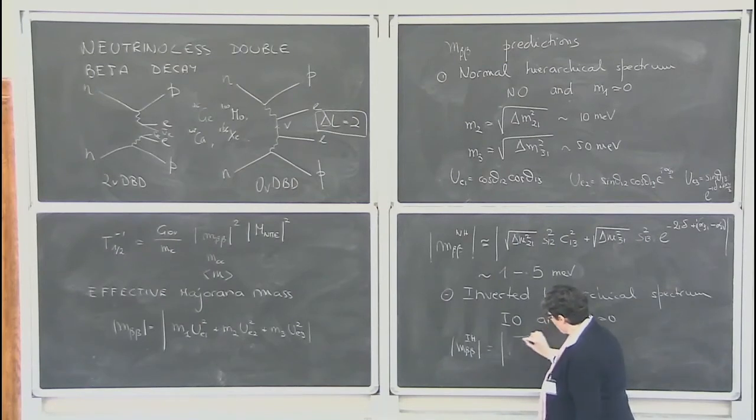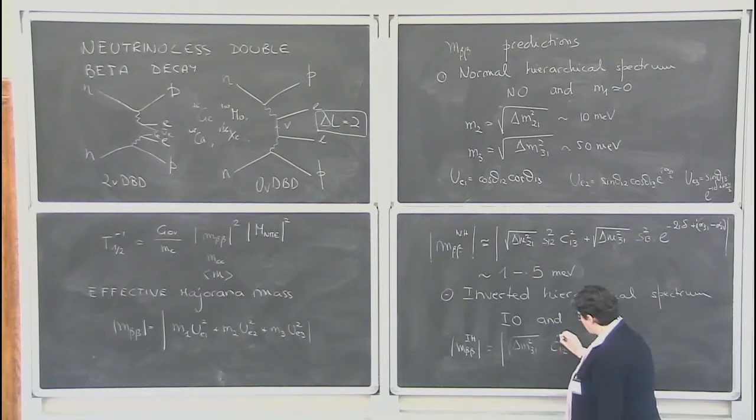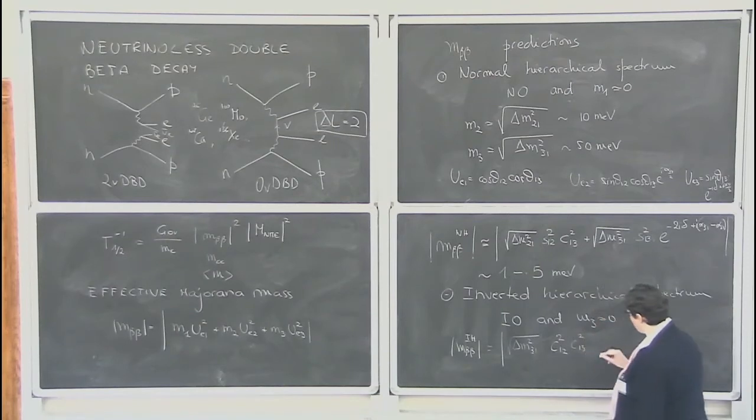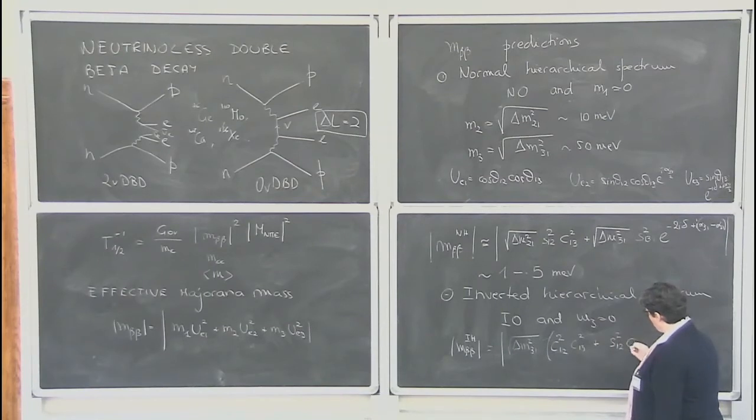So I will have roughly the square root of delta m squared 3, 1, and then I have a cos square theta 1, 2, sine cos square theta 1, 3, plus sine square theta 1, 2, cos square theta 1, 2, and the phase alpha 2, 1.